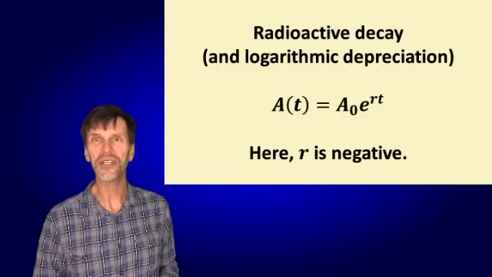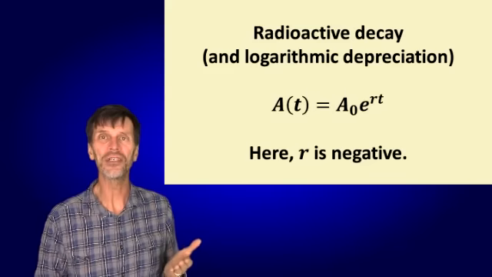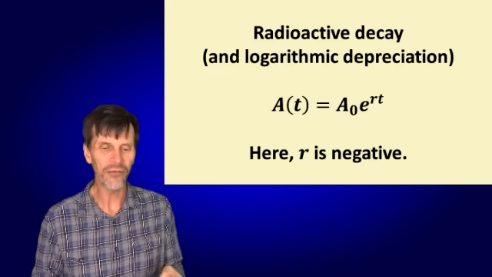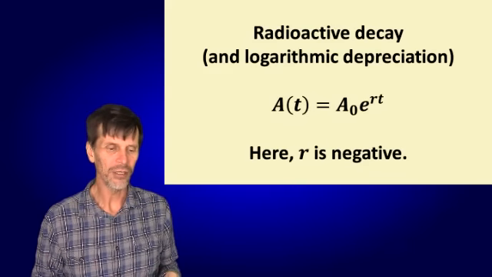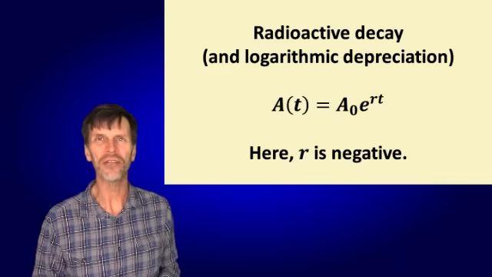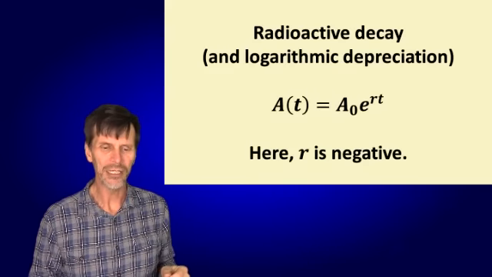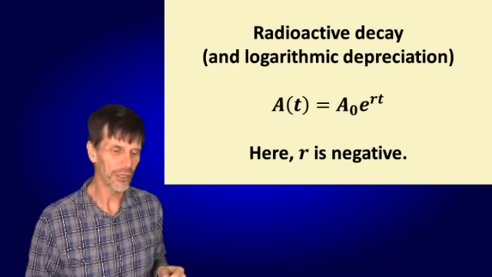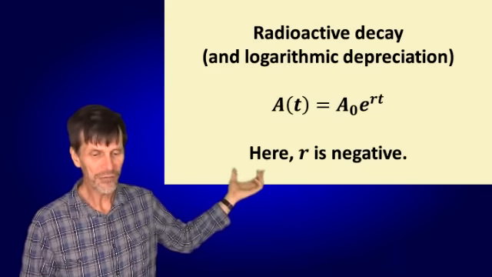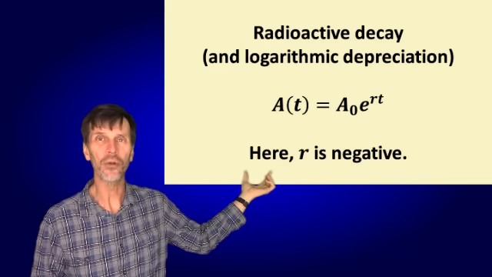Radioactive decay is a similar formula, and we will use this as well. It's also a way that you can depreciate value of an asset on taxes. Logarithmic depreciation, I think, is one of 3 or 4 different ways that people are allowed to take depreciating value of a good or service. So here A of t is equal to A0 e to the rt. A of t is the amount that something is worth later.